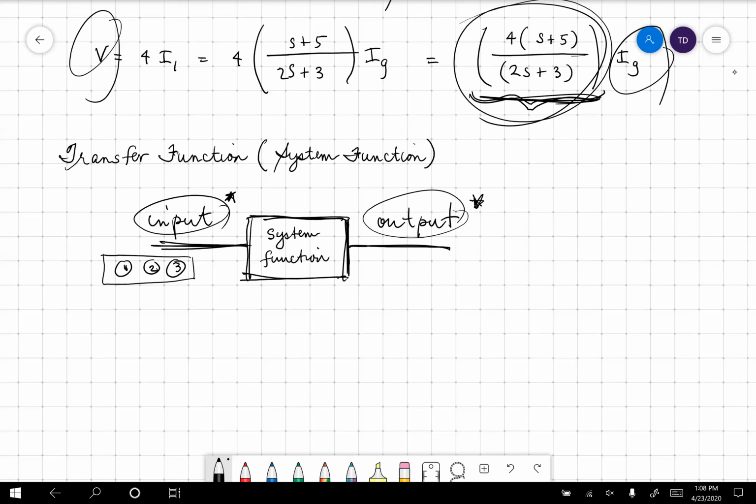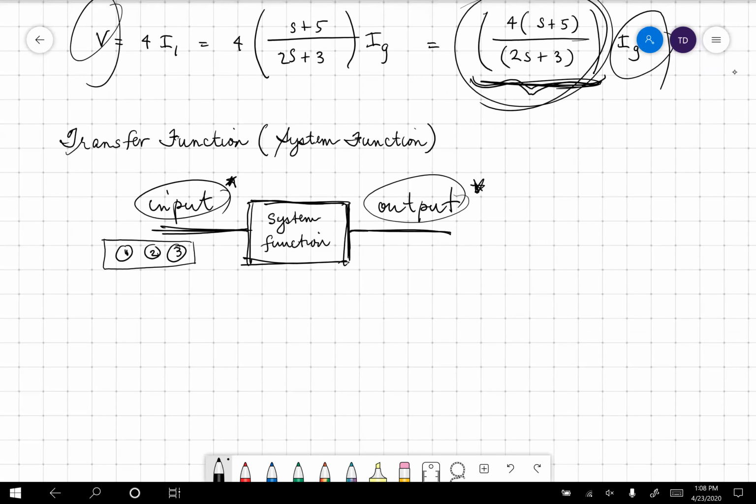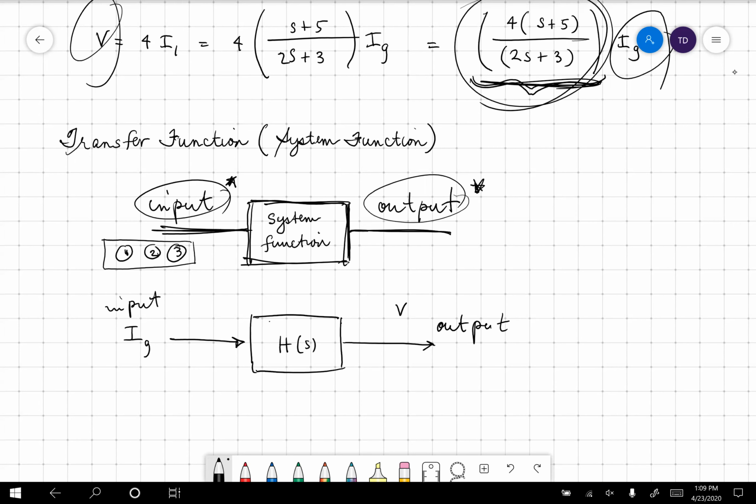So now instead of having what we had in this previous example, which was we started with a circuit, watch what we could do. And I'm going to do this in the frequency domain. In the previous example, there was an IG. That was our input. And then we had our output. The output here was V. So V was the output, this is our input, and this here is the system function.